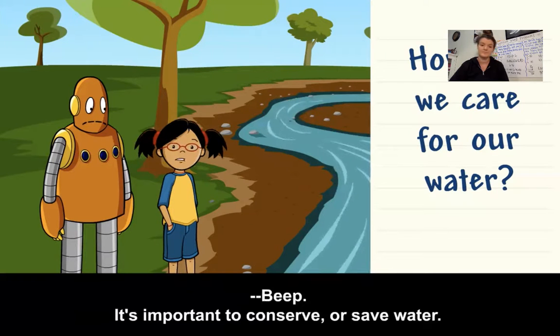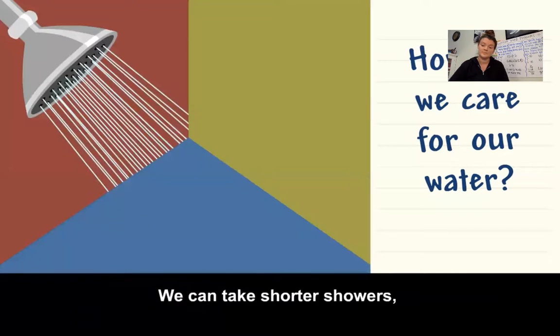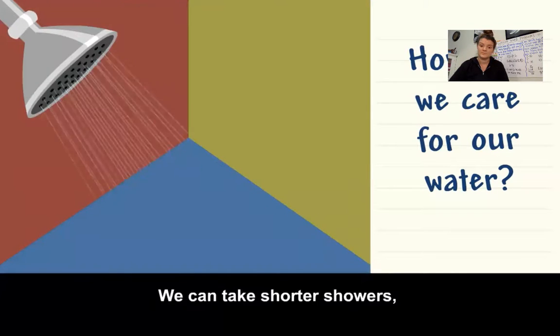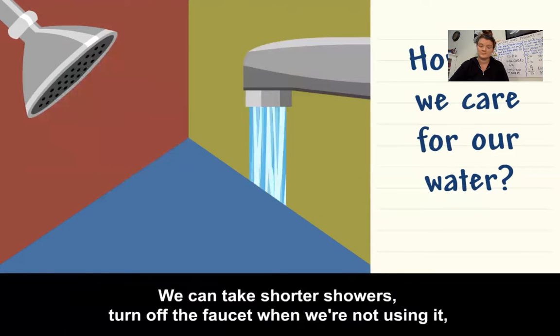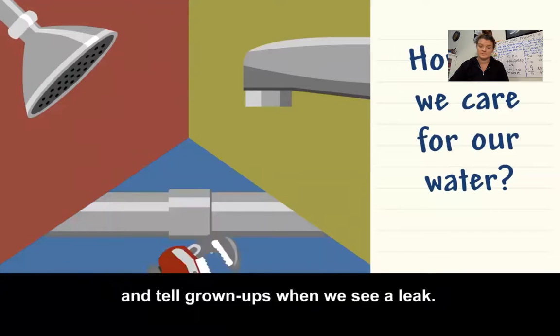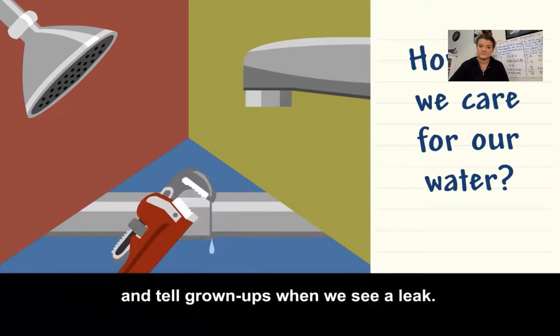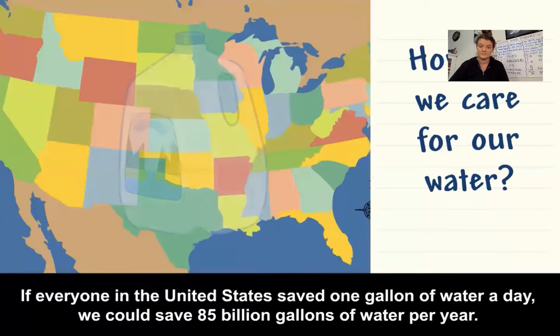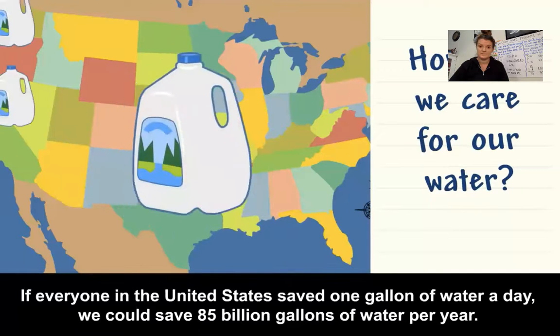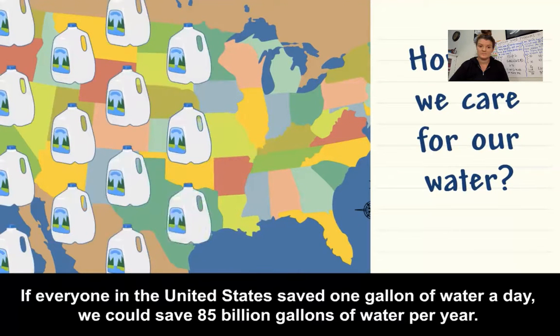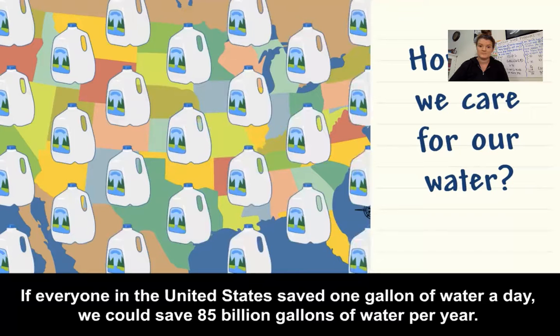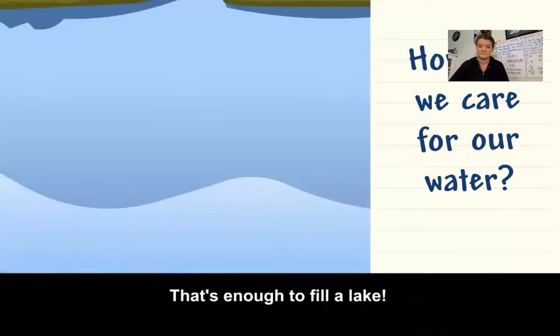It's important to conserve or save water. We can take shorter showers, turn off the faucet when we're not using it, and tell grown-ups when we see a leak. If everyone in the United States saved 1 gallon of water a day, we could save 85 billion gallons of water per year. That's enough to fill a lake.